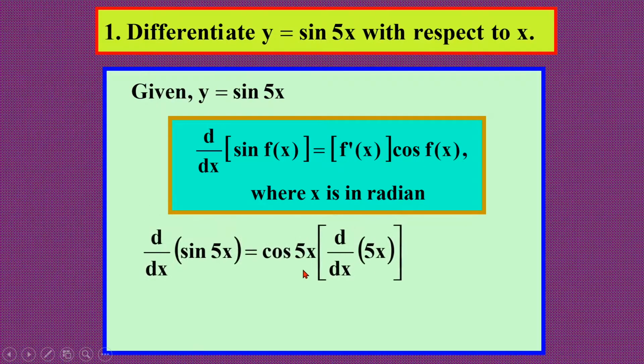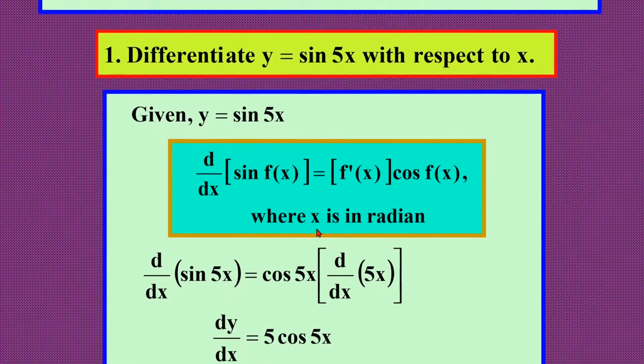Cos f(x) is the differentiation of sine f(x). So you will write cos 5x, and you will differentiate 5x, and that will give you 5. And you will write the answer right in front of it. Easy, right? Now, this 5 is inside the function.